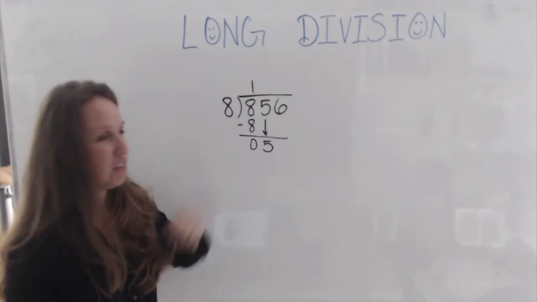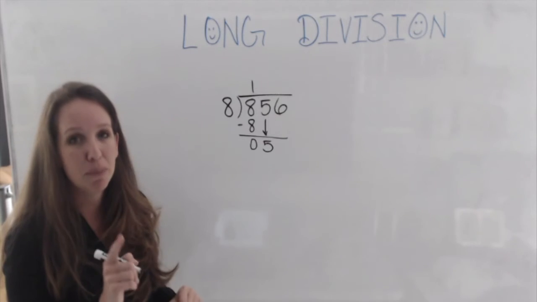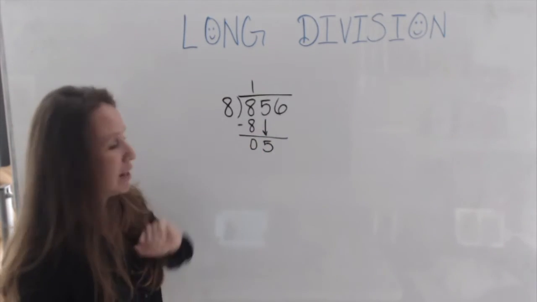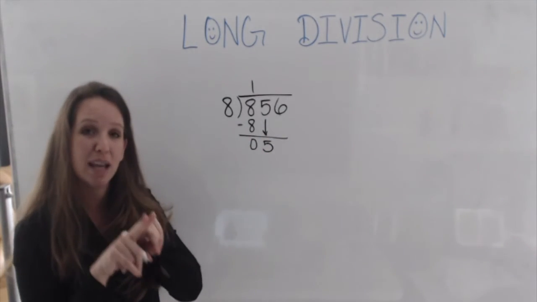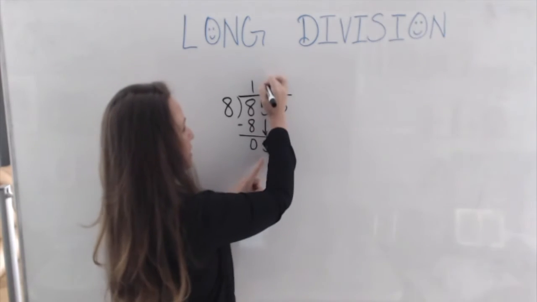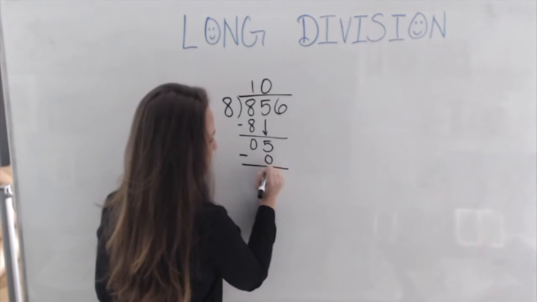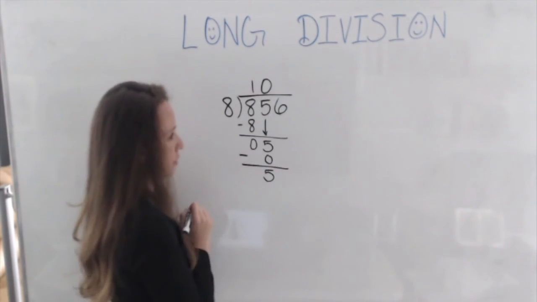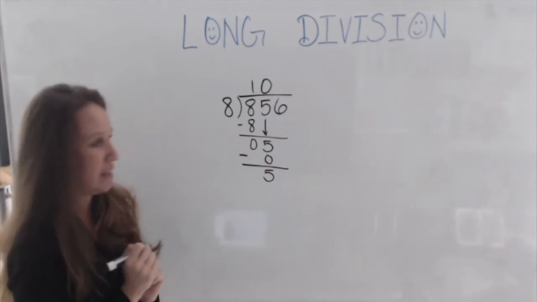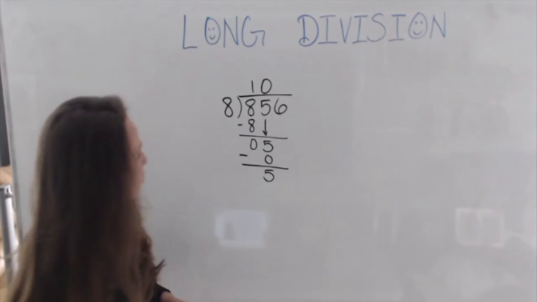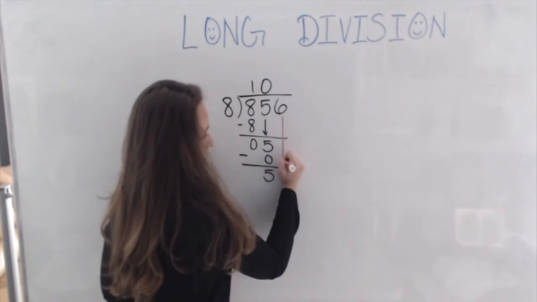Now, this is why it's tricky. It's really important that if you've already brought down an arrow, you don't want 2 arrows next to each other. So we're going to put a 0 here, and we are subtracting 0. Okay, you need to do that. And then we're going to bring down the 6.